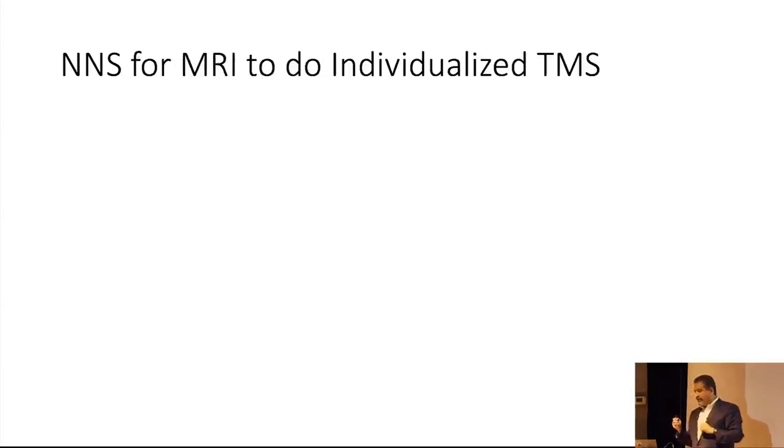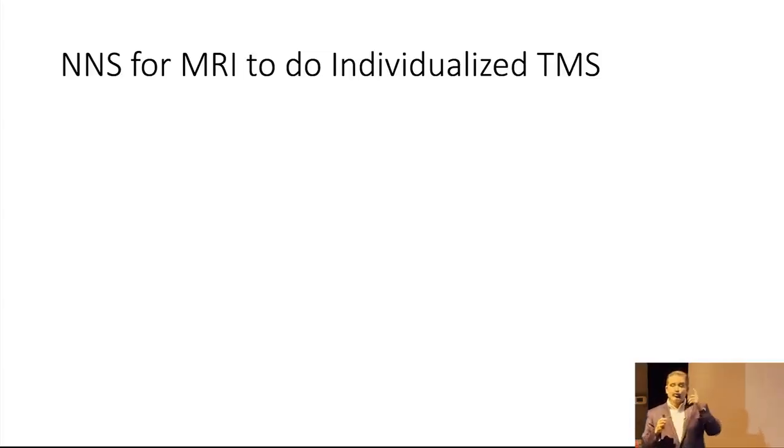And the question is, if you want to do individualized TMS, it means that you need to do MRI first, and based on MRI, do an individualized TMS. What is NNS for individualized TMS? For doing MRI to do individualized TMS based on MRI. And that's an important question, right?